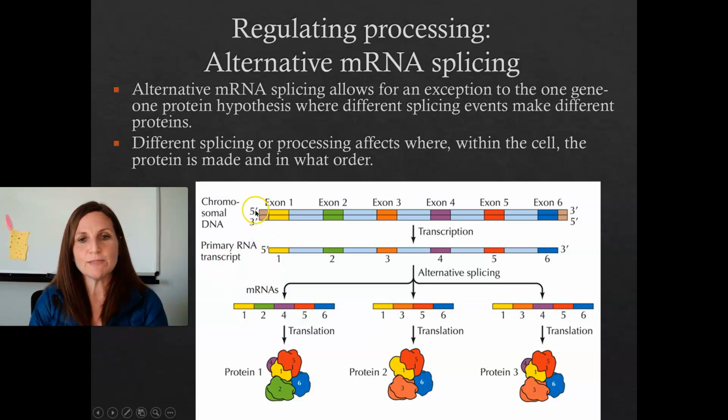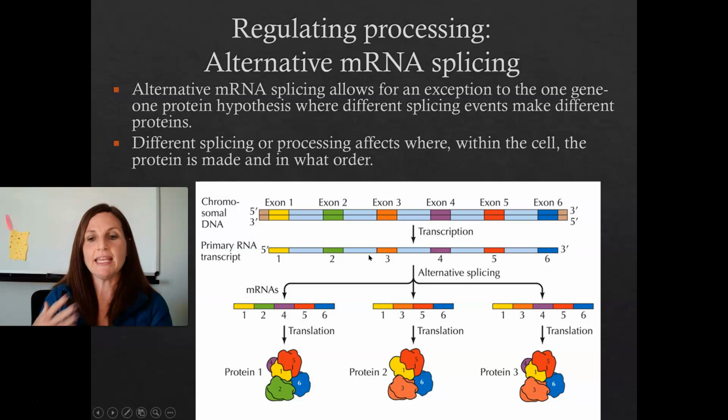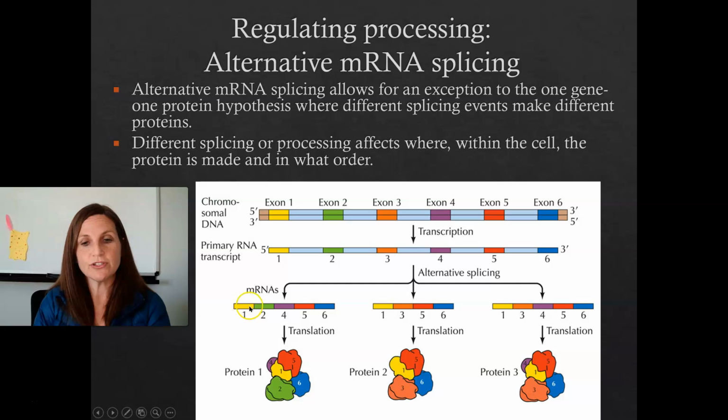So if you look at this piece of mRNA, okay, so this is our DNA up here, this is our primary mRNA down here. We show 3 different ways that we could splice this one piece of mRNA to make it into 3 different proteins. In my first mRNA, I remove all of the introns and exon 3.